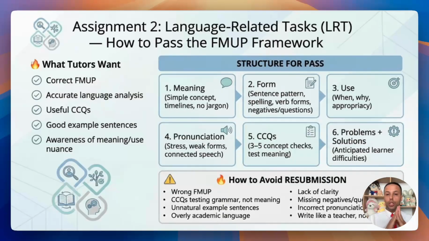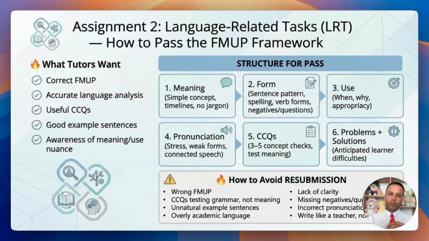3. The use. When and why do we use this? Appropriacy, register, context. Cover these if possible. 4. Pronunciation. Stress patterns, weak forms, connected speech features, all these. 5.